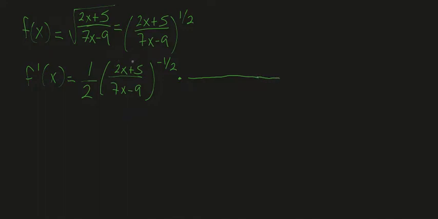So this is going to be derivative of the top, which will just be 2, times the bottom left alone, minus the derivative of the bottom, which will be 7, times the top left alone, all over the bottom squared.